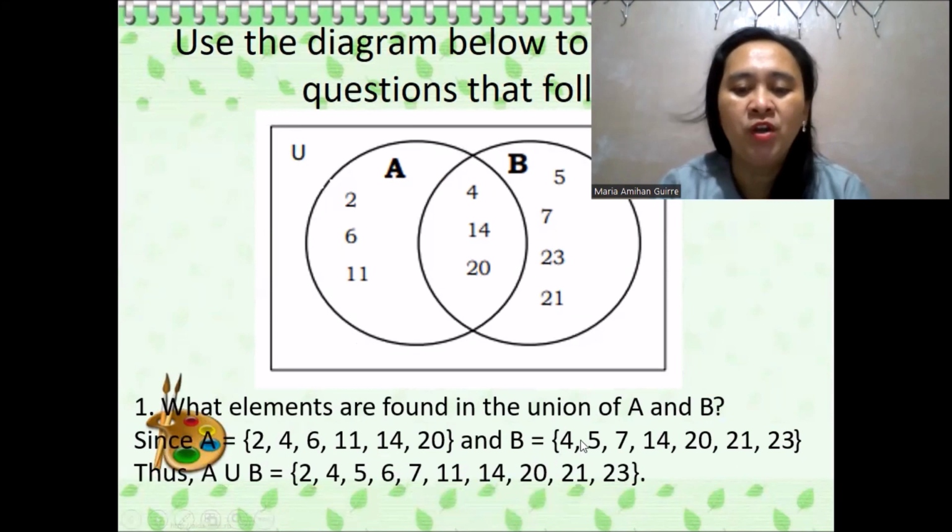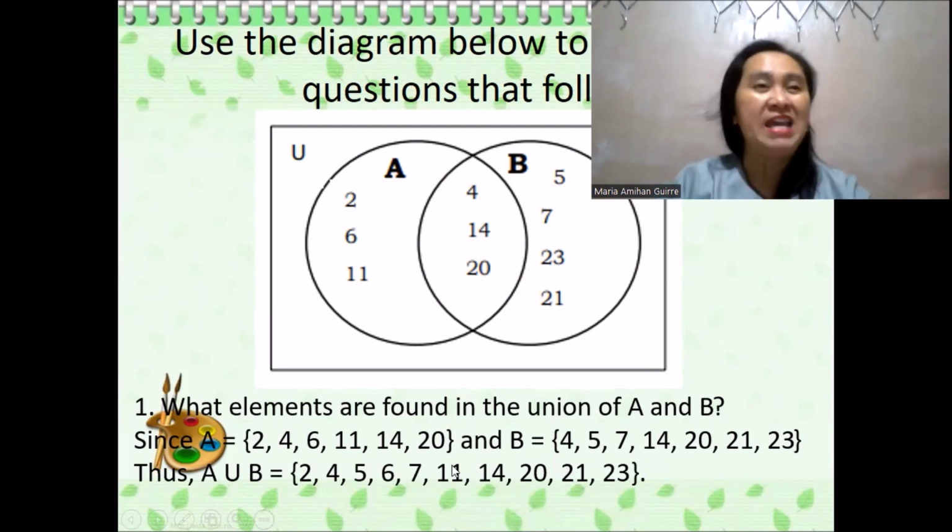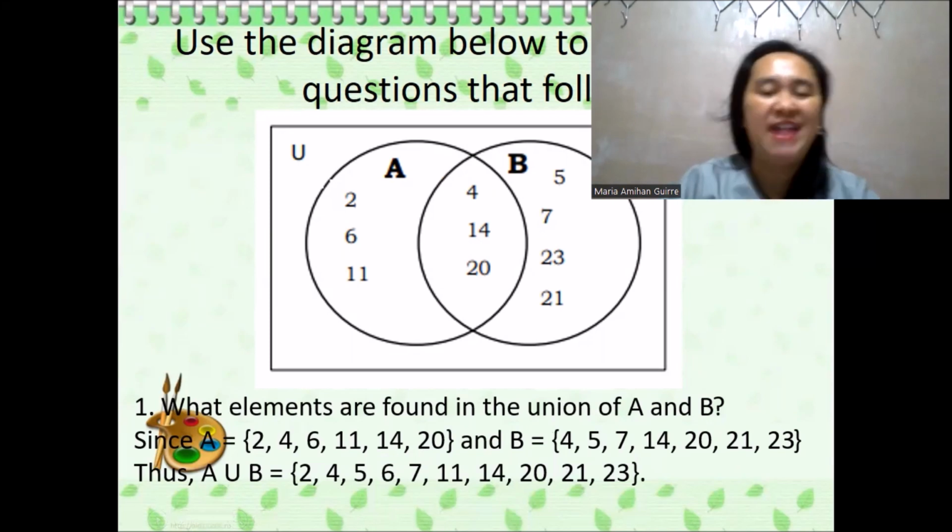We have a common element of 4, then 5, then 6, 7, 11, both 14, both set A and set B have the element 14, also 20, then 21 and 23. So these are the elements of the union of set A and set B.